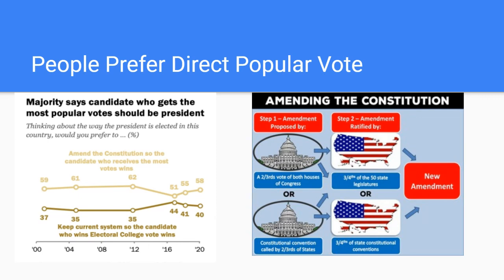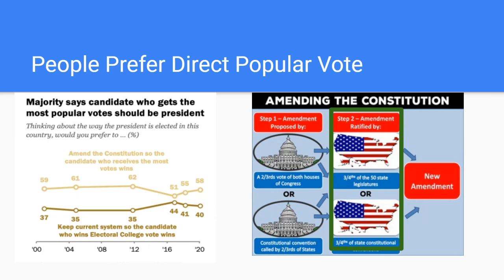But despite the fact that a majority of Americans support that, it's probably not going to happen ever. Because remember, we talked about the amendment process. The states are the last part of the amendment process. They're the ones that ratify it. And right now, the states are super relevant because of the point system in the presidential election process. Why would they change the setup to make themselves less significant and less influential?